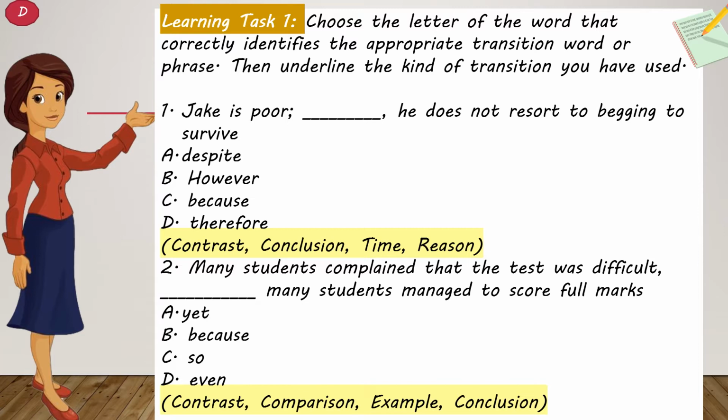So what is your answer? Despite, however, because, therefore. Number 2, many students complained that the test was difficult. Blank, many students managed to score full marks. A, yet. B, because. C, so. D, even.